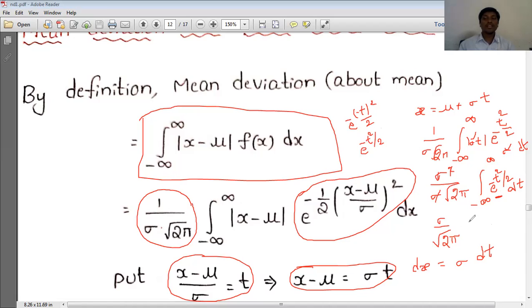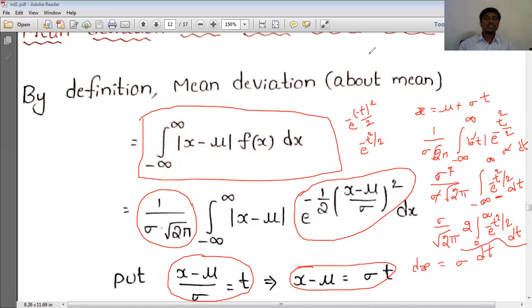So by the definite integral property, simply what can we write? 2 into integral from 0 to infinity of e power minus t square by 2 dt. So this one we got, and we already simplified this one. This value is nothing but, as we said, root pi by 2.